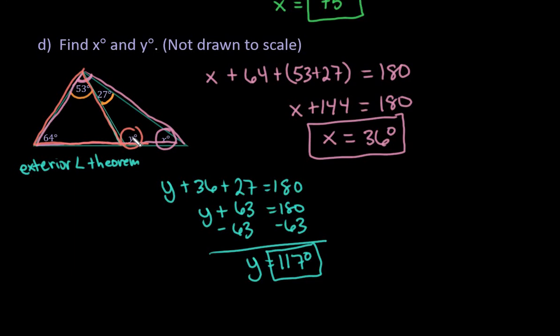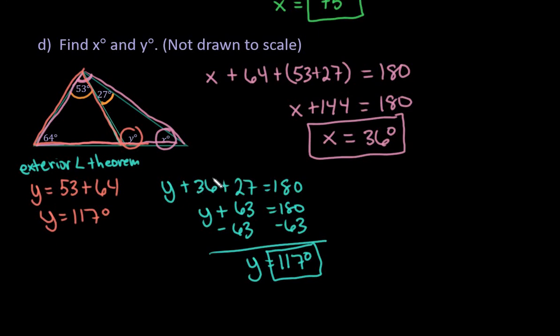Well, it's always going to be equal to the sum of the two interior angles that are opposite. So I could say that the non-adjacent interior angles, so I could do 53 plus 64. And if you notice, that also gives me 117 degrees. So that's an alternative method of finding y. And then after I know y, I could have found x using that information. So a lot of times there is more than one way of doing something.